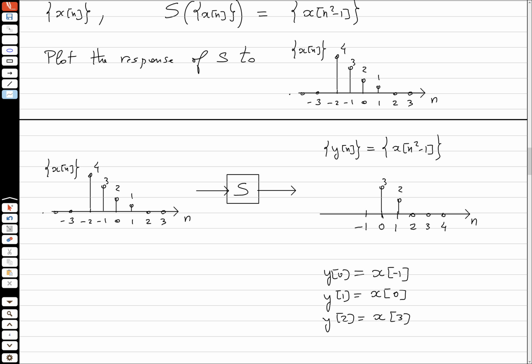How much is x of 0? At minus 2 is 0. That's it. All right?